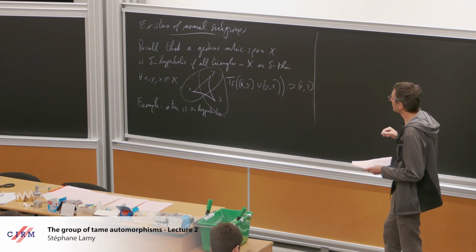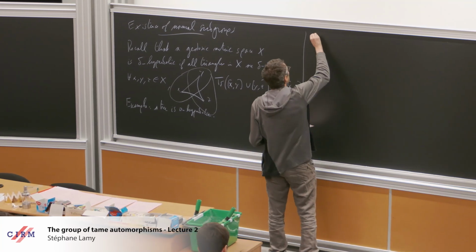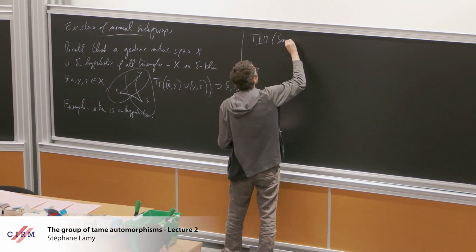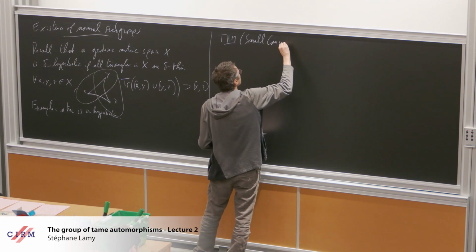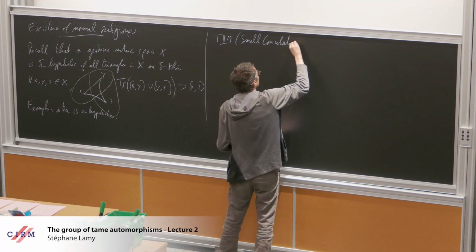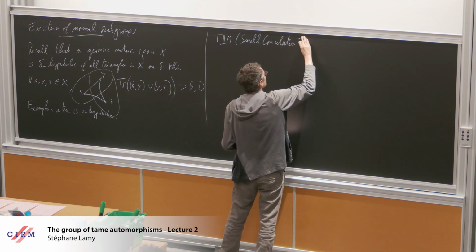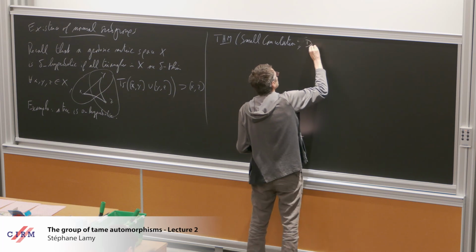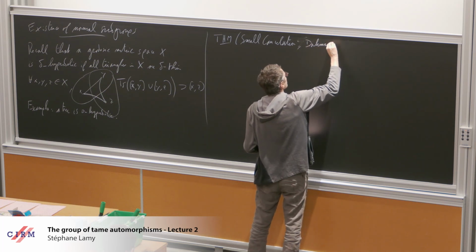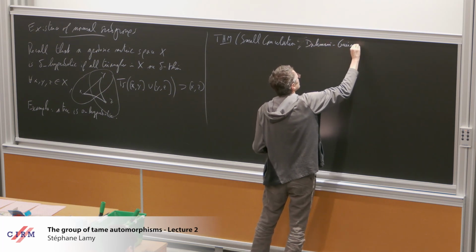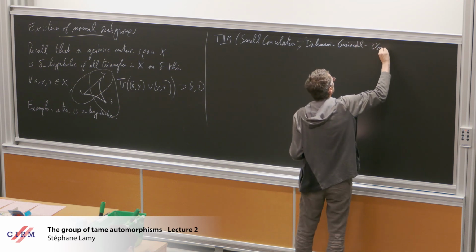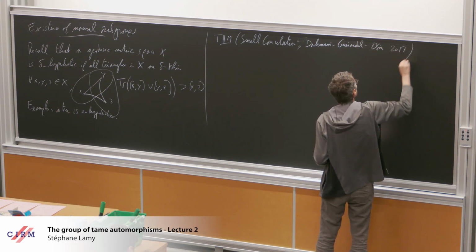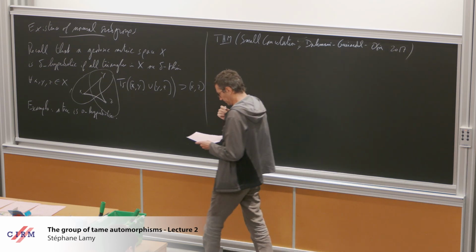Now I have the following black box, that's a small cancellation theorem. It's by Dahmani, Guirardel, Osin, and I guess it was published around 2017.